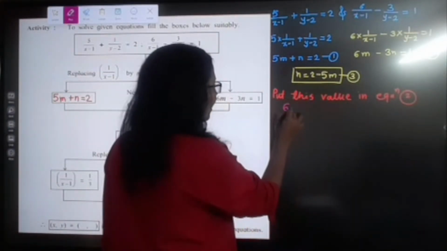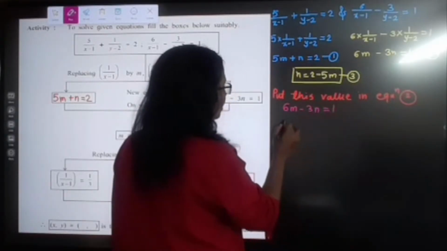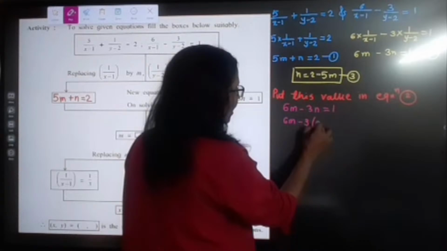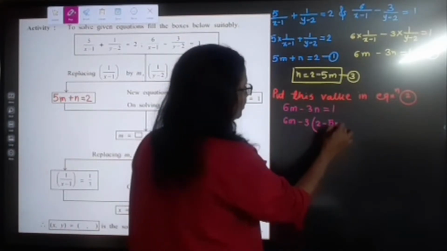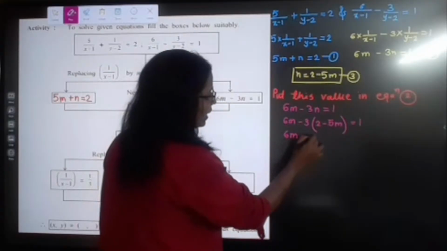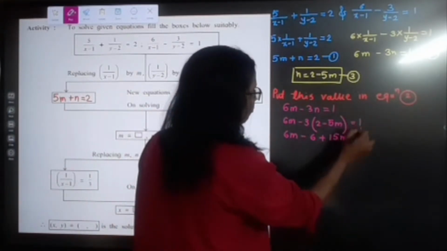The second equation is 6m minus 3n is equal to 1. So 6m minus 3 multiplied by 2 minus 5m is equal to 1. So 6m minus 6 plus 15m is equal to 1.